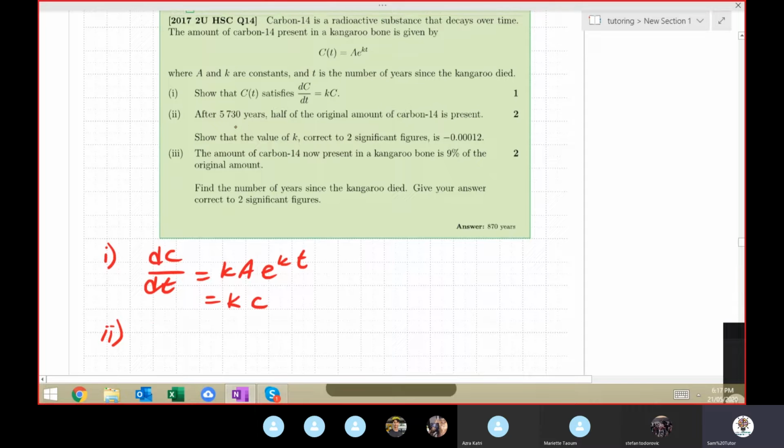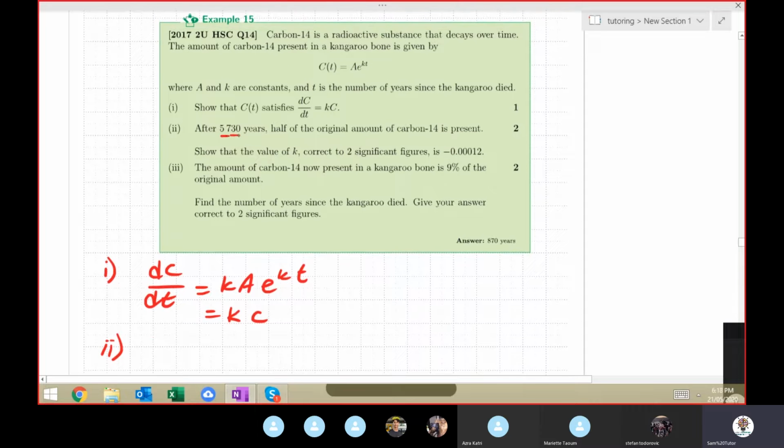Part II. After 5,730 years, half of the original amount of carbon is present. So what does that mean? When time is what? What equals what? For half of the original amount of carbon-14 to be present, what would C equal to?